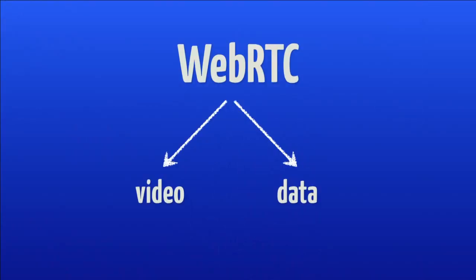Cool. So we're really interested in the data part of WebRTC. Video, it turns out, is really hard, and so they had to do all this extra work to make video work well. They had to figure out all of this stuff with codecs and real-time encoding and decoding of video data, so it'll be really low latency.